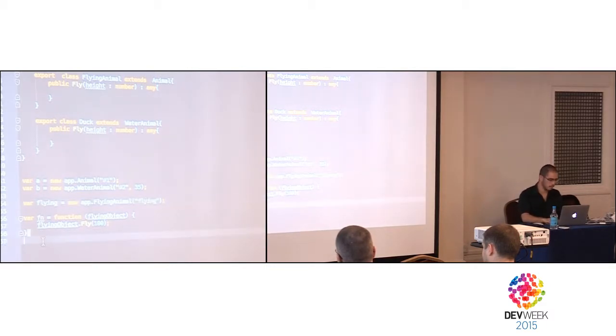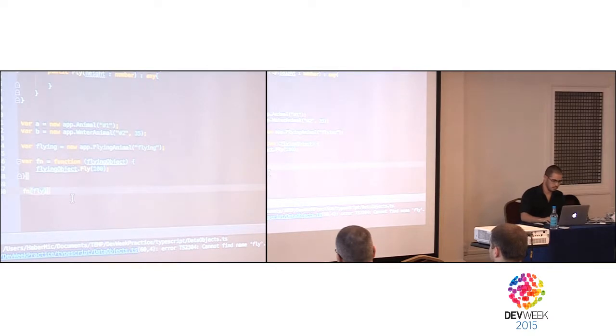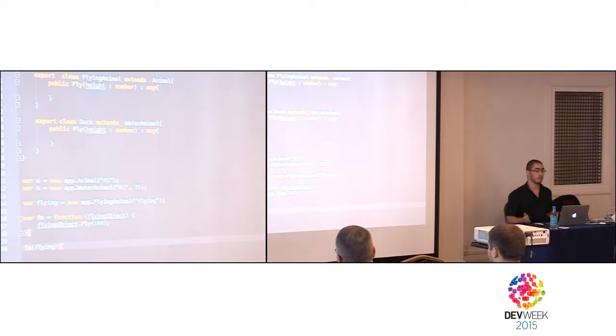So if I would call the fn function with flying, that would work because I have no constraint about this method. So I want to create a constraint because now I can call fn with 7. Yeah, I can call everything with it because I didn't specify any type here.